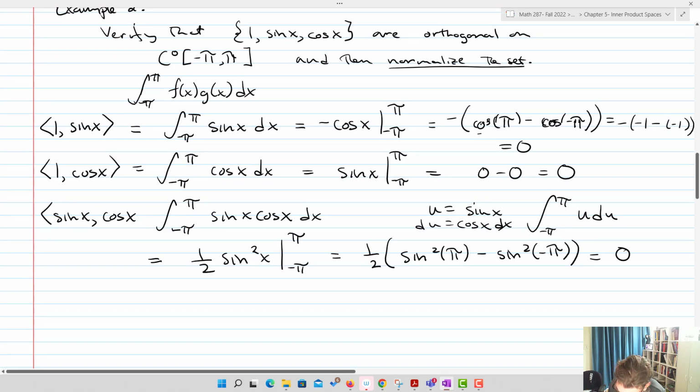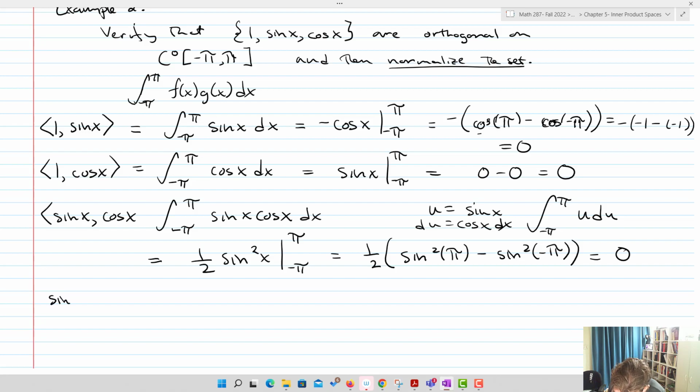Okay? We'll take sine x, okay? And that's going to equal the integral of sine squared x dx, evaluated from negative pi to pi. And if you remember, that's a trig substitution.